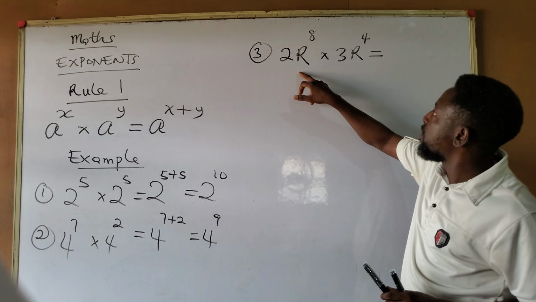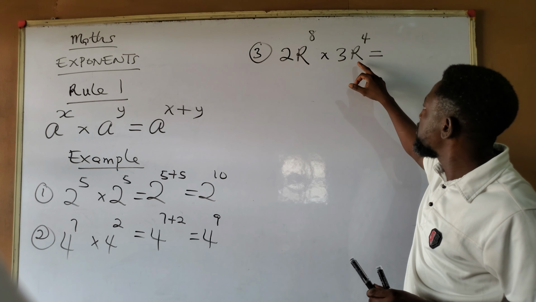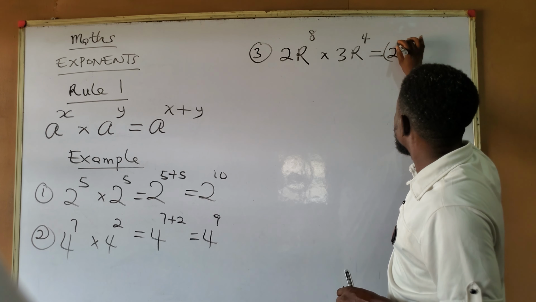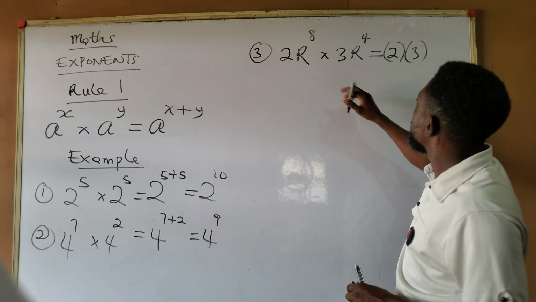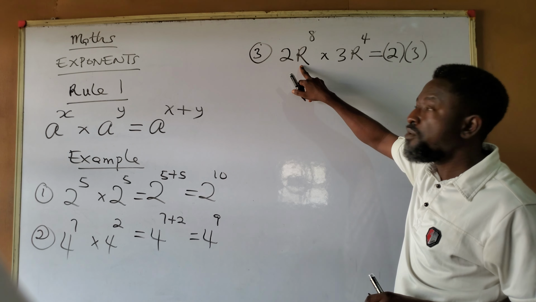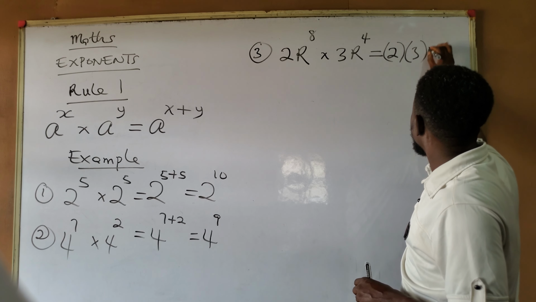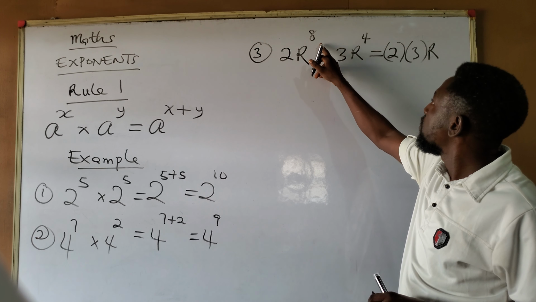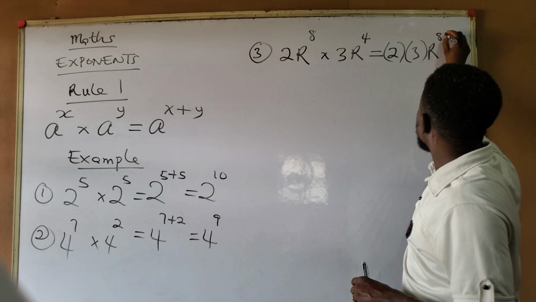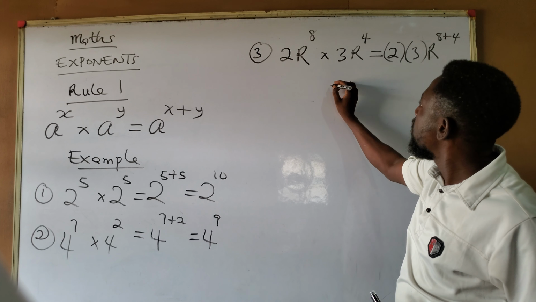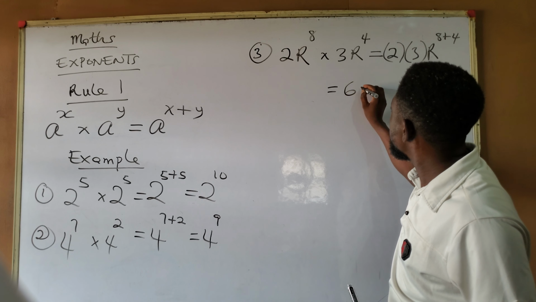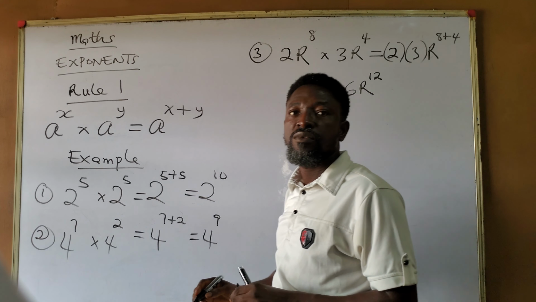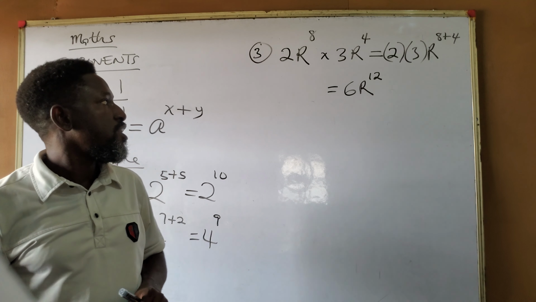This 2 is the coefficient of r to the power 8, and this 3 is the coefficient of r to the power 4. So we'll start by multiplying 2 by 3. Since the base is r and the base is r, take one r. Then according to the first law, when you have multiplication, you add up the powers. You have 8 plus 4. And this will give us 6r to the power 12. Just as simple as that.